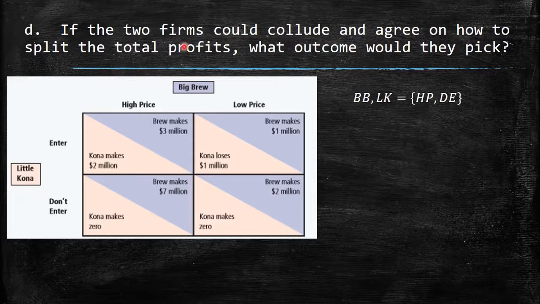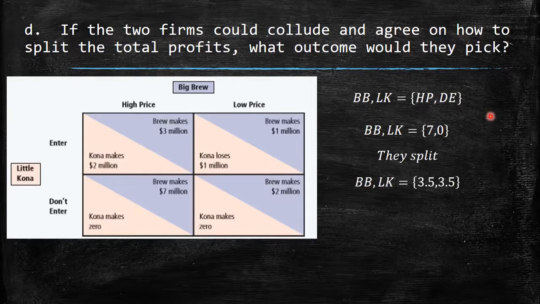Why? Because they will split the total profits. Here the total profit is 5, but here the total profit is 7, here is 2, and here is 0. So this is the better situation when they can collude. Big Brew would get 7 and the other one 0, but because both split the profit, both will get 3.5 and 3.5, which is definitely better than the other situation.